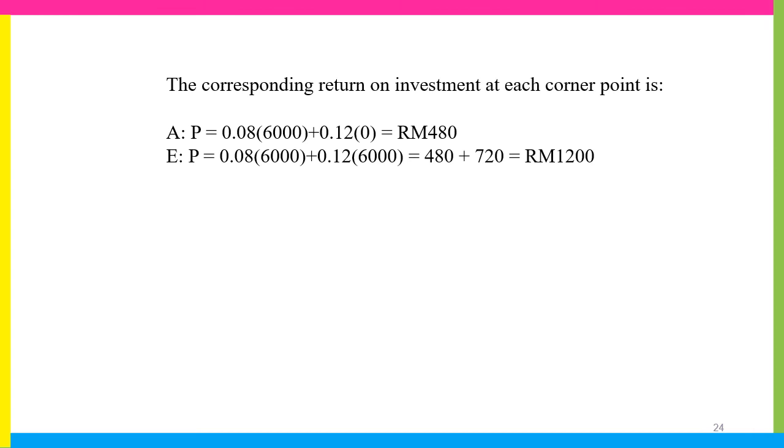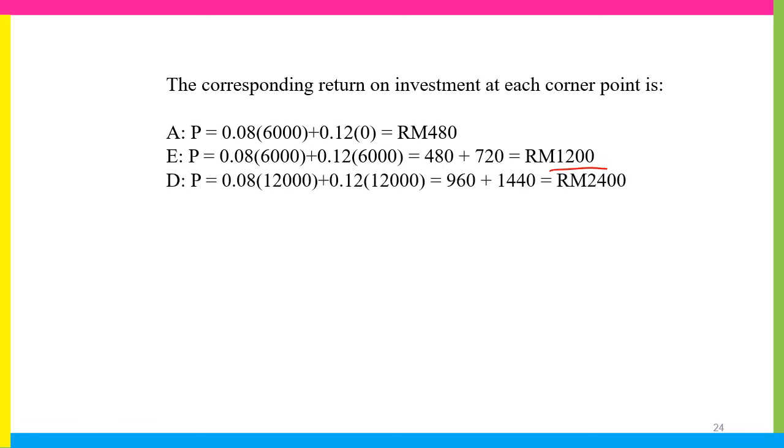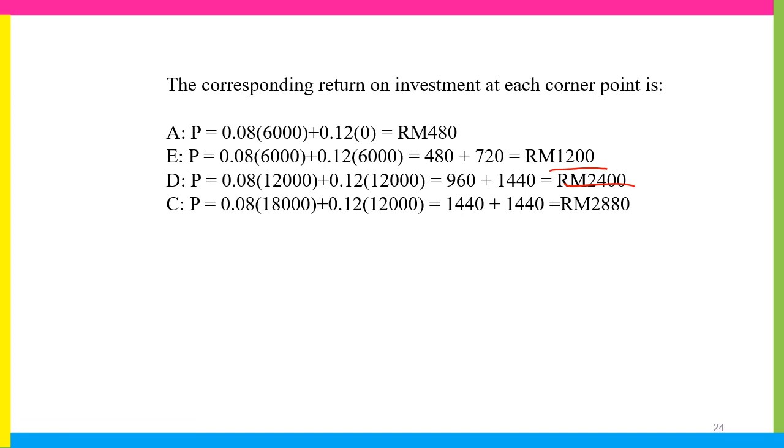Then point E: 0.08 multiplied by 6,000 plus 0.12 of 6,000, we get 1,200. And then for point D, we get 2,400. For point C, we get 2,880. And then for point B, we get 2,400 also.